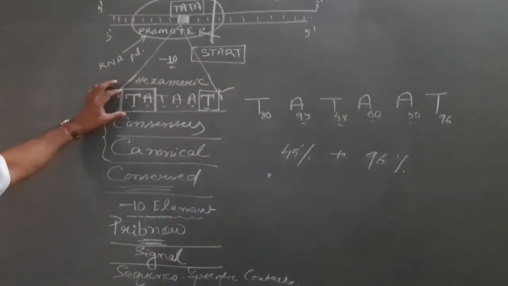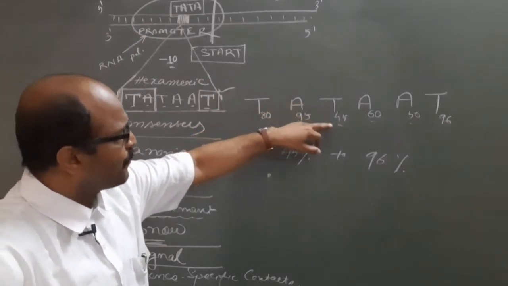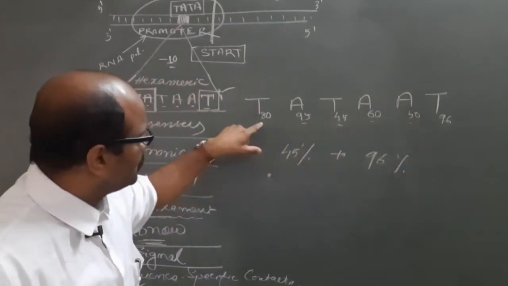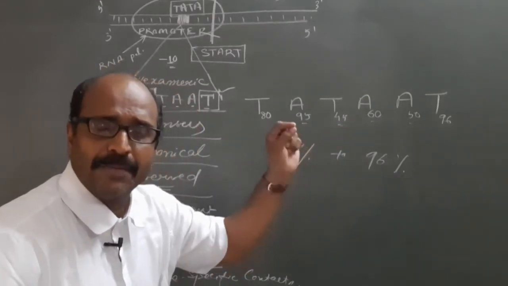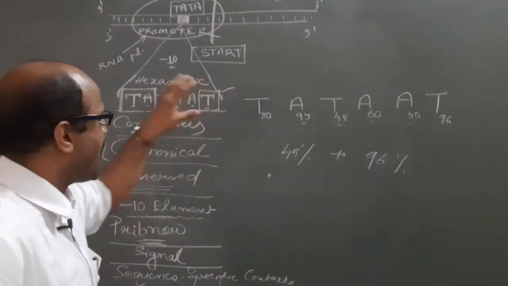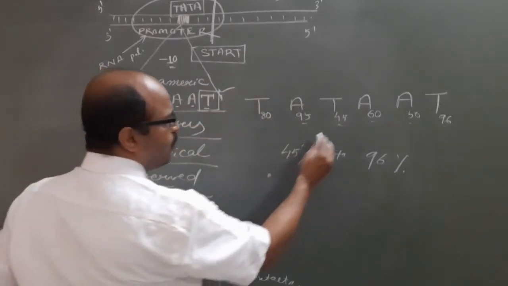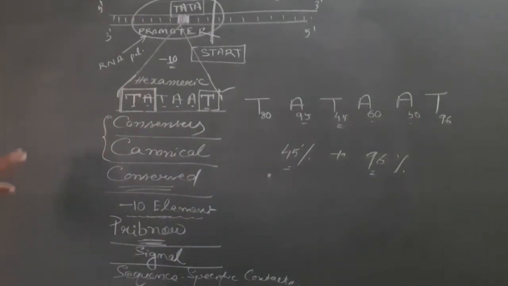So at the Tata box region, the nucleotides are summarized like this: T80, A95, T45, A60, A50, T96. These subscripts denote the percentage of frequency of the nucleotide at a particular site, which varies from about 45% to 96%. Okay.